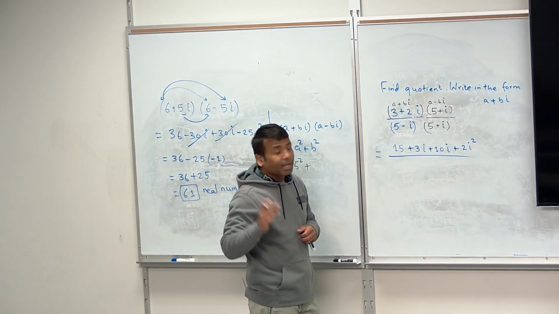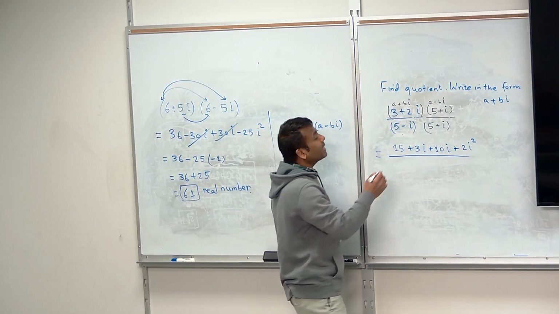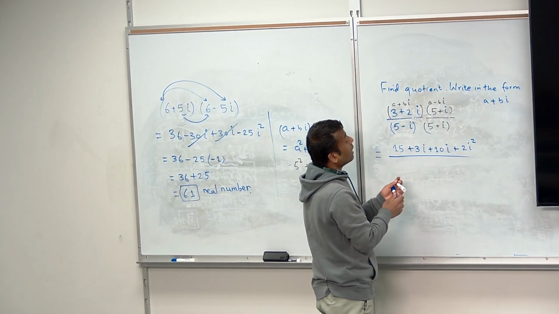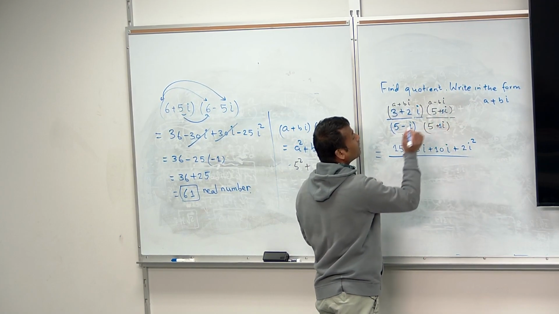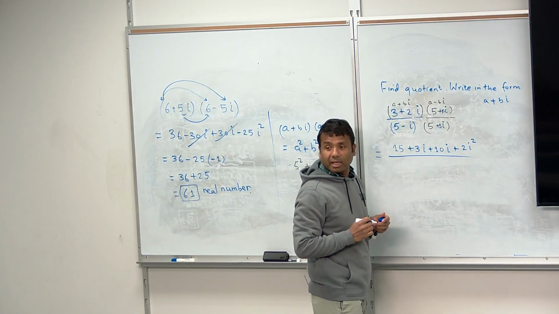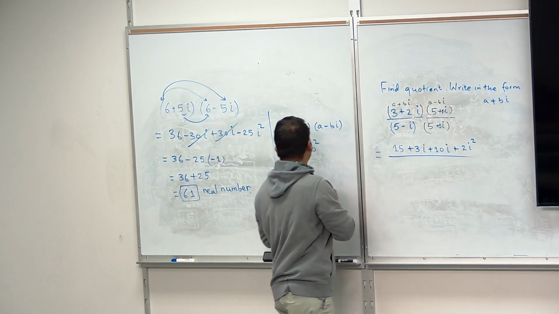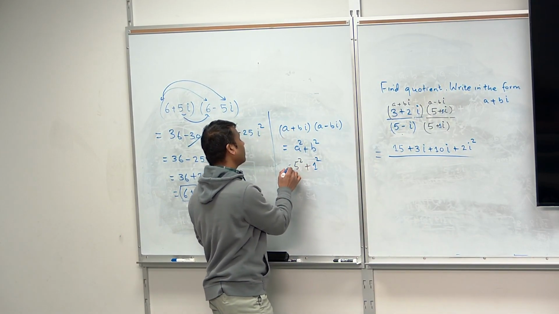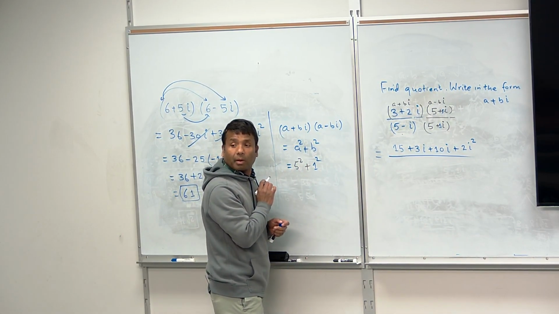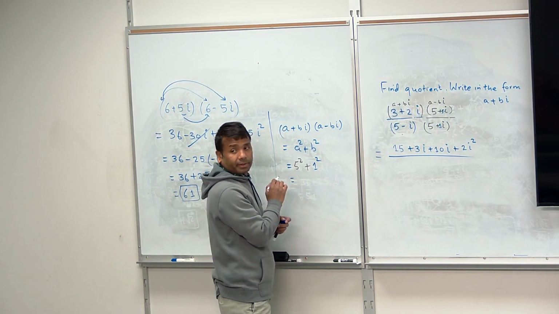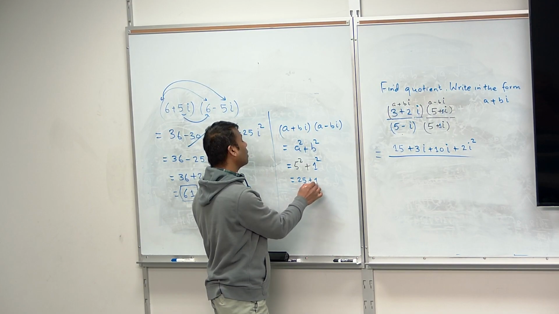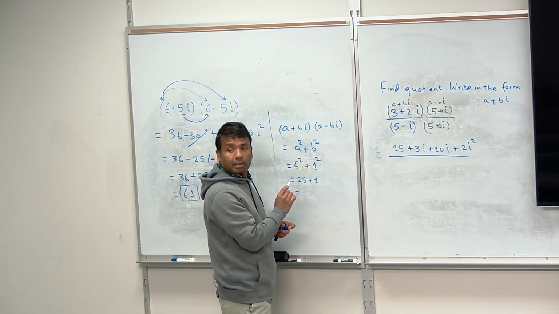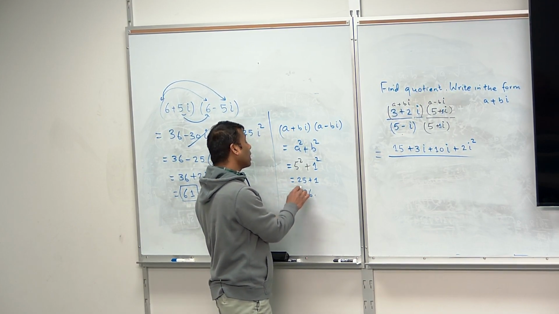Remember, there is a 1 here: it is exactly 1 times i. So b is 1. So 5 squared plus 1 squared. What is 5 squared? 25. Plus 1 is 26.